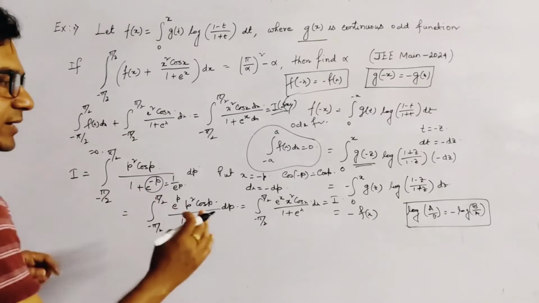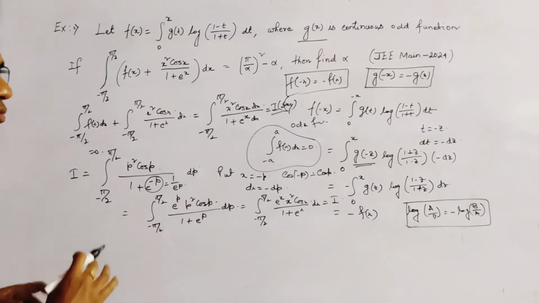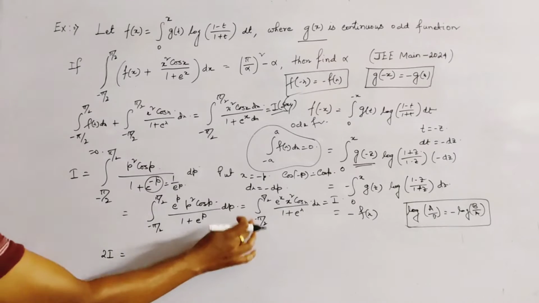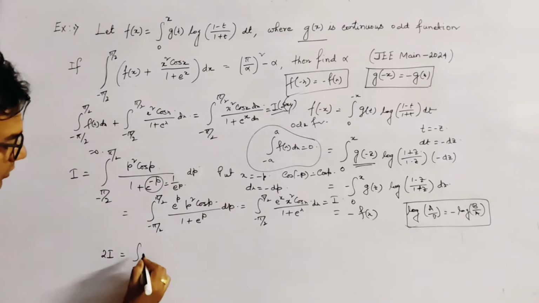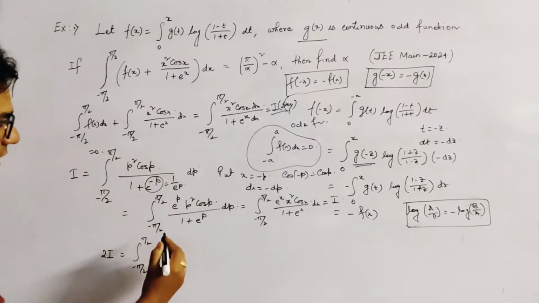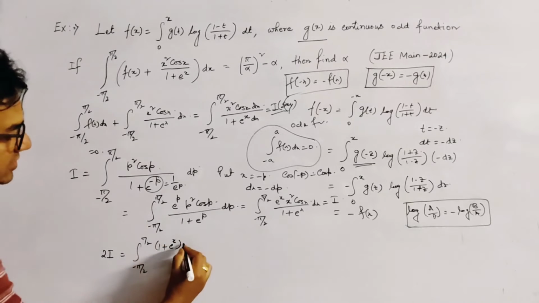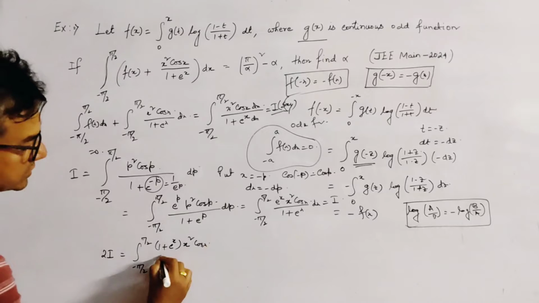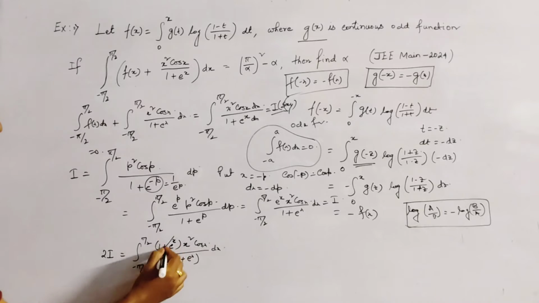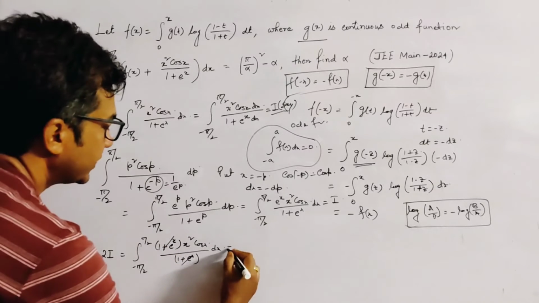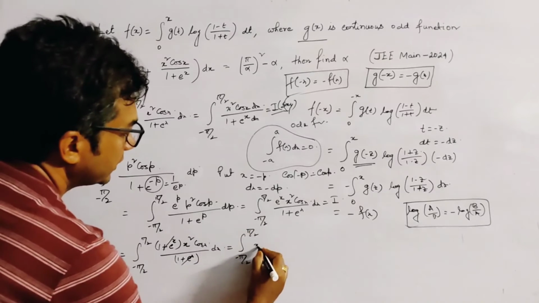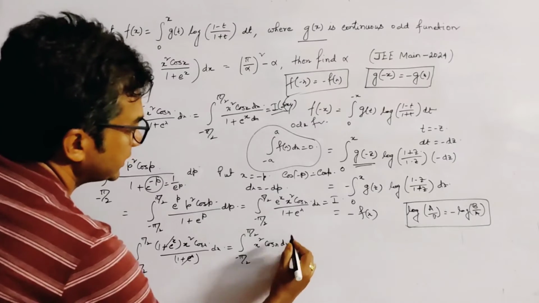Now we add this I and this I, and we get 2I. This is equal to integration minus pi by 2 to pi by 2, and adding these two results, 1 plus e to the power x into x square cos x by 1 plus e to the power x dx. These two cancel out and what remains is integration minus pi by 2 to pi by 2 x square cos x dx.